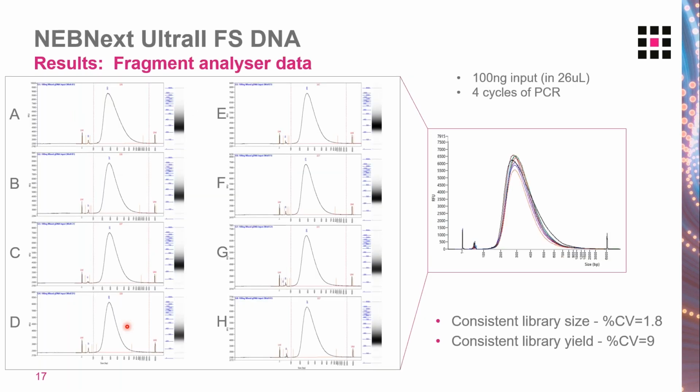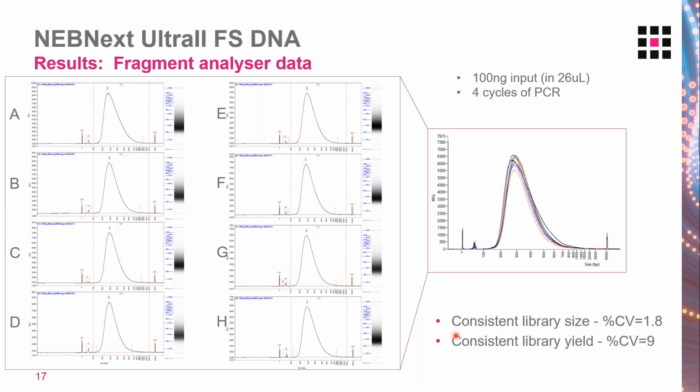Here I'm showing you some of the fragment analyzer data we got after preparing libraries on Firefly. I'm showing you traces for each of the individual samples, each of the 8 samples here on the left, and I've combined and overlaid them all for the figure on the right. We're looking at fragment size along the x-axis and essentially the abundance of fragments on the y-axis.